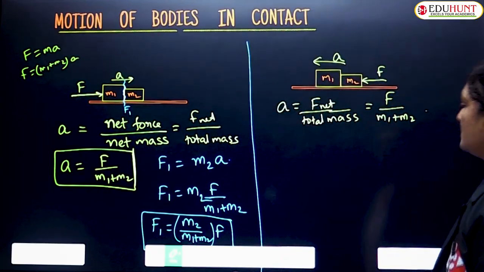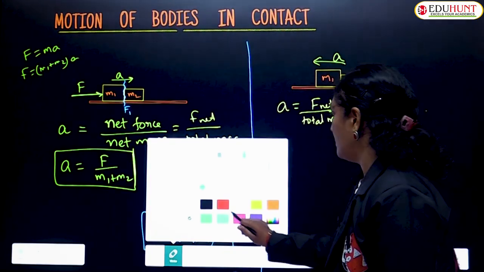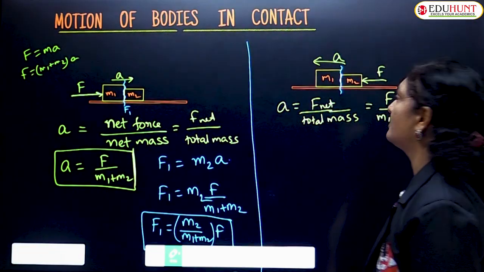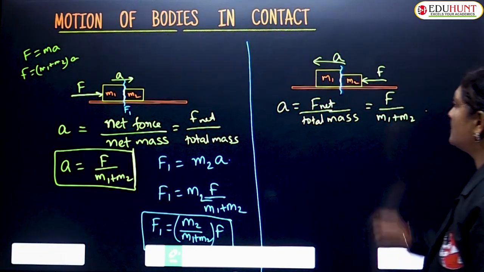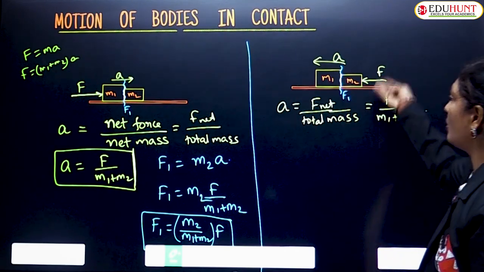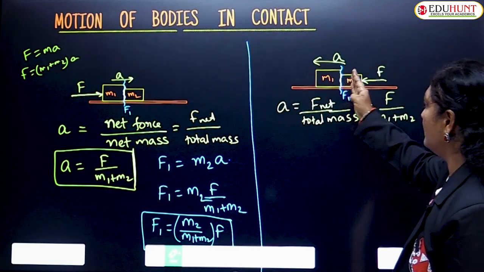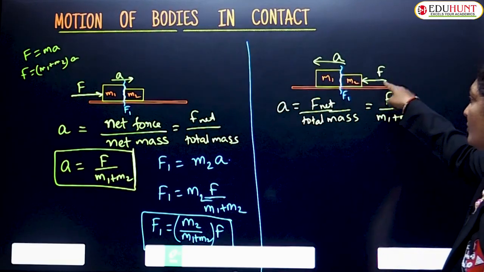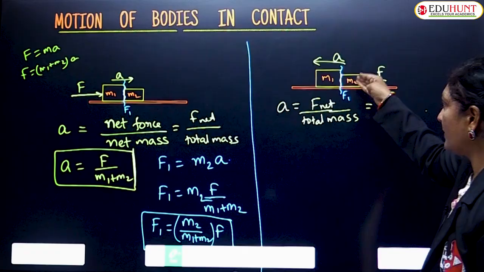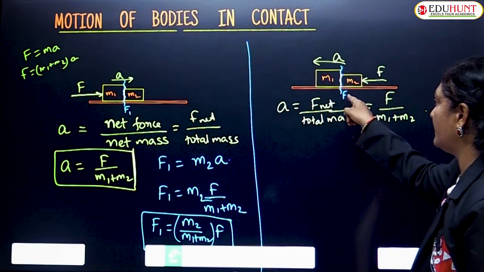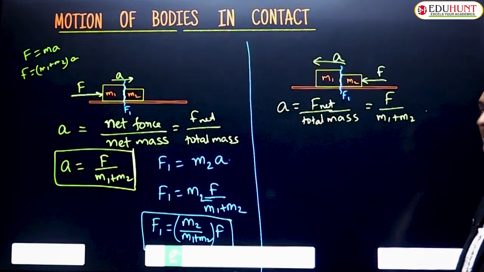Well, so again if you observe the same, let us try to find out the contacting force between m1 and m2. So let us suppose this contacting force as some F1. Because of this force F1, the block m1 also starts moving. Even though we are applying force onto m2, this m2 exerts some force on m1, and let us indicate that force as F1.